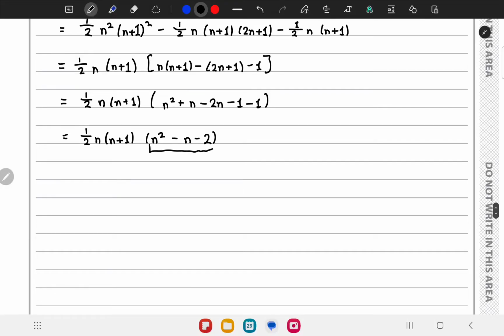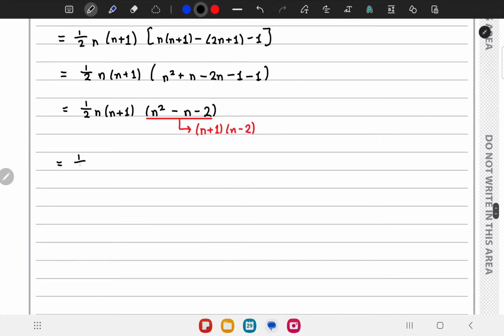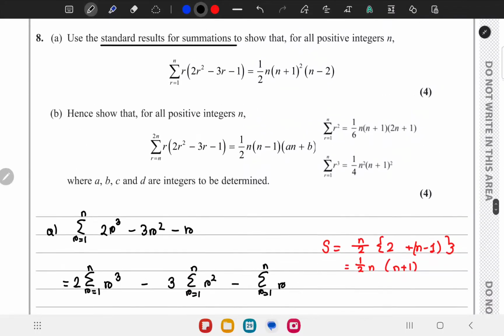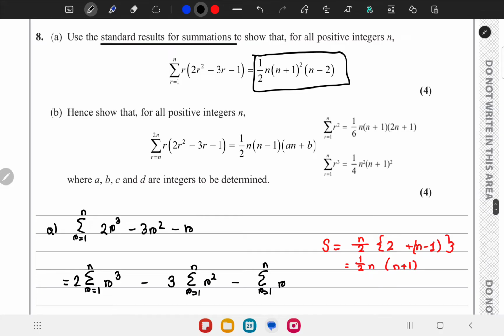Now if we factorize this, we'll get n plus 1 times n minus 2. So if we write that over here, we'll get half n times n plus 1 times n plus 1 times n minus 2. We'll get half n times n plus 1 whole square times n minus 2. This is what we had to show in this question. So that's it for part A.